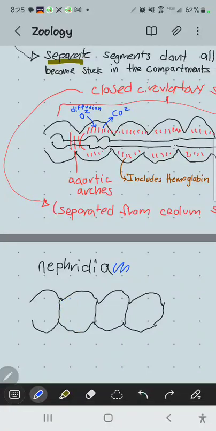So let me draw a couple of them at these segments here. Let me label the parts. Parts are important. So here are three nephridia. There's basically a pair of them in every segment, from the head to the tail of the organism.